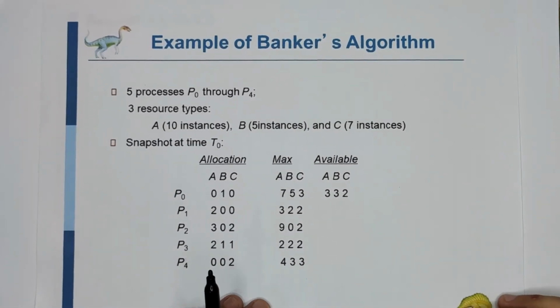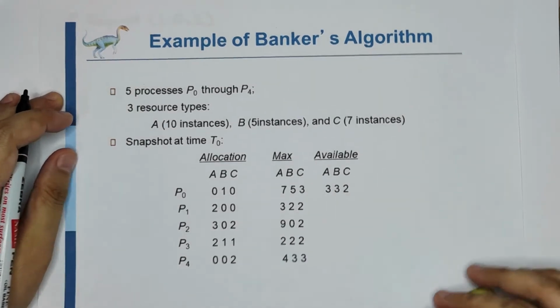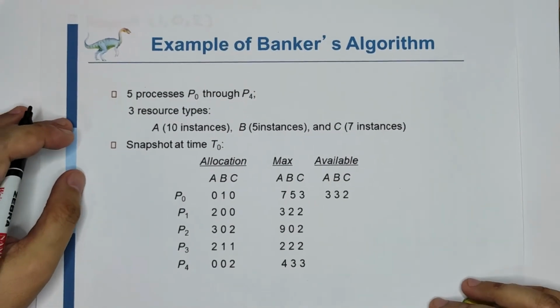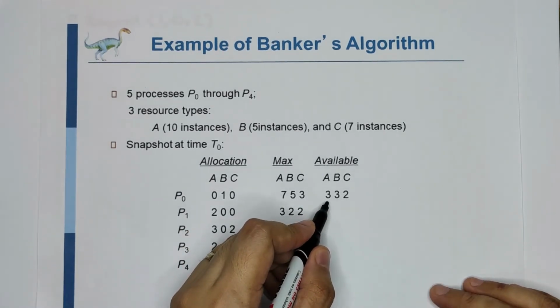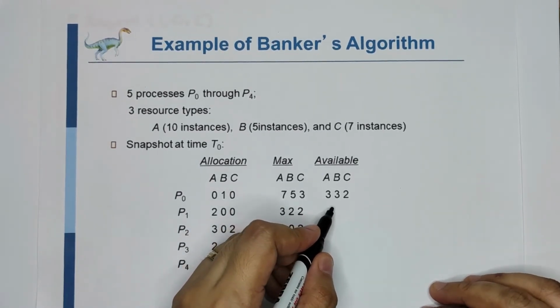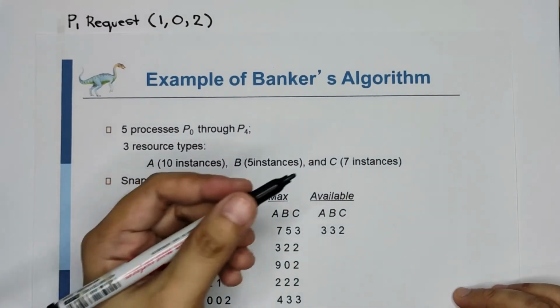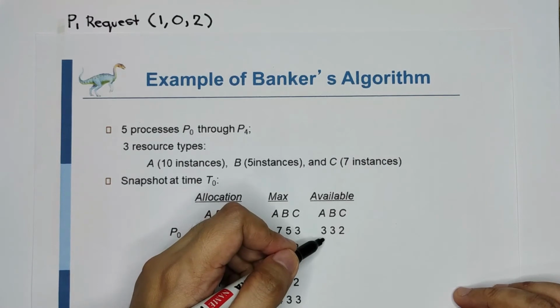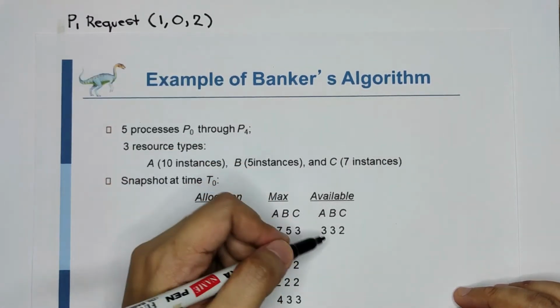So, again, let's return to our example. So, we have this one. Since P sub 1 requests, what are we going to do? Check first the available. So, if we check 1, 0, 2, can this be granted? Actually, yes, because the available is greater than the request.